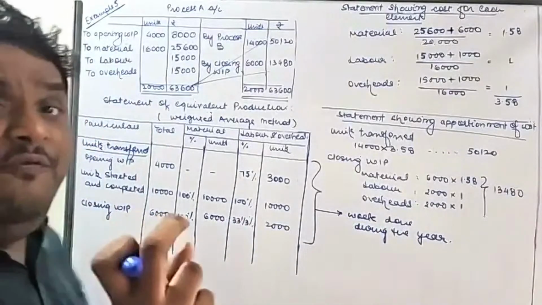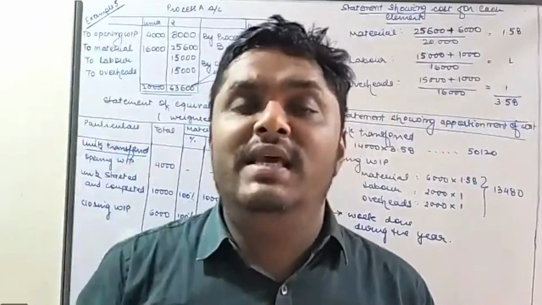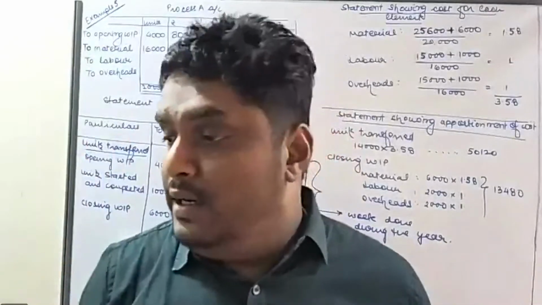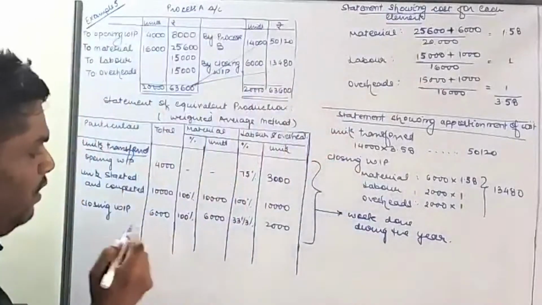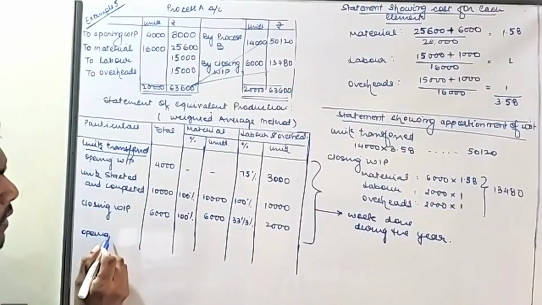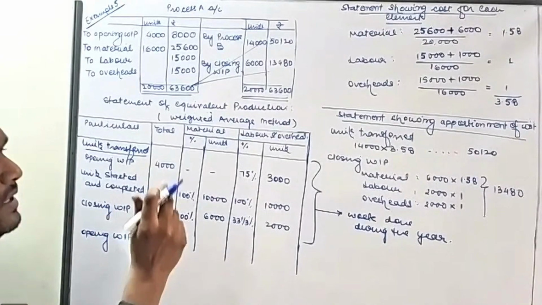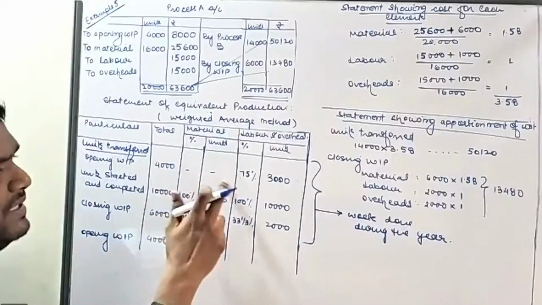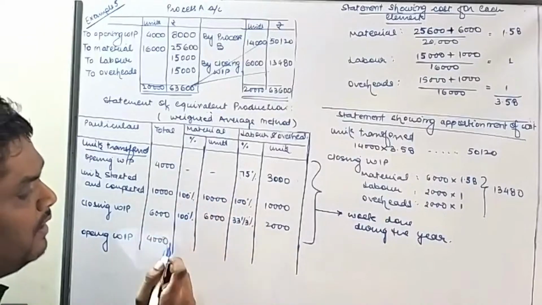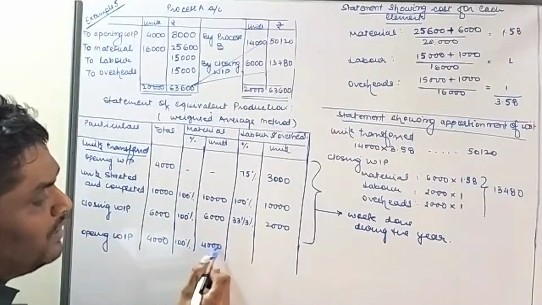Now, if we add the work that is done in the previous year, we will get the total work done. So, when talking about the balance work of opening work in progress, the work that is done in the previous year is how much? See, nothing was processed in the current year in respect of material. That is, the work that is done in the previous year is 4,000.